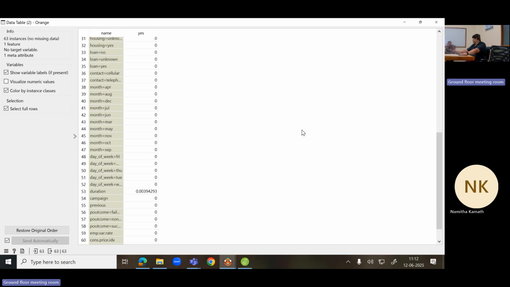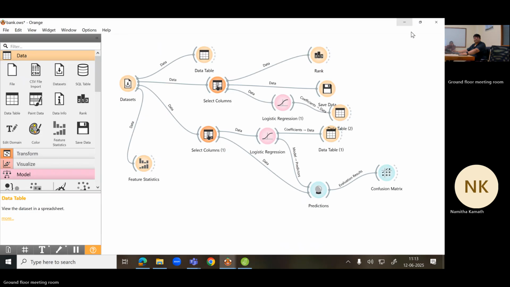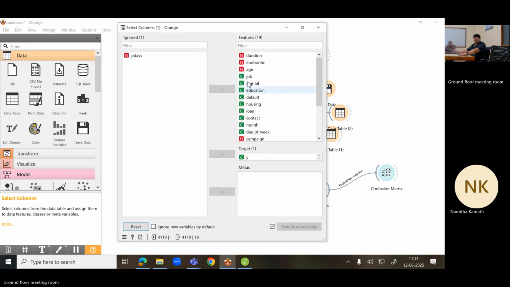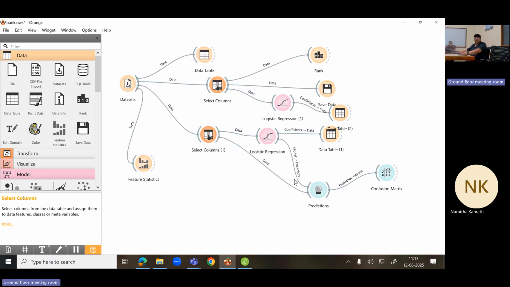Duration is still there, and that is something which has to be there. And nr.employed is there. Now if I consider only these two, duration and nr.employed, will I get a better result?